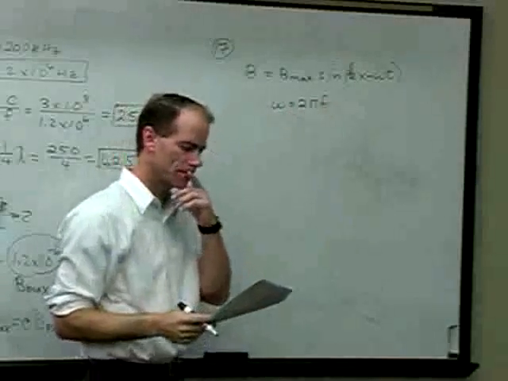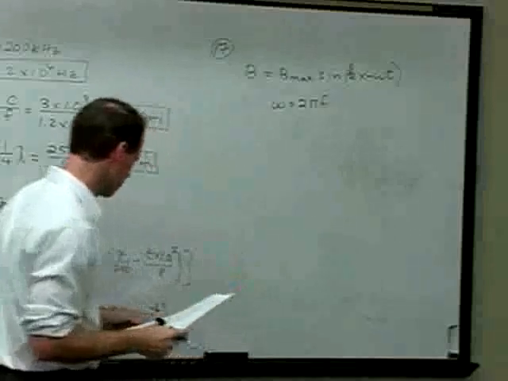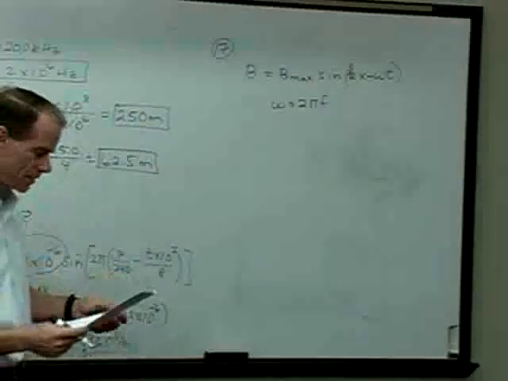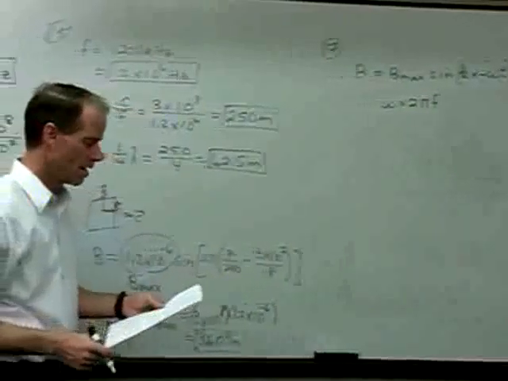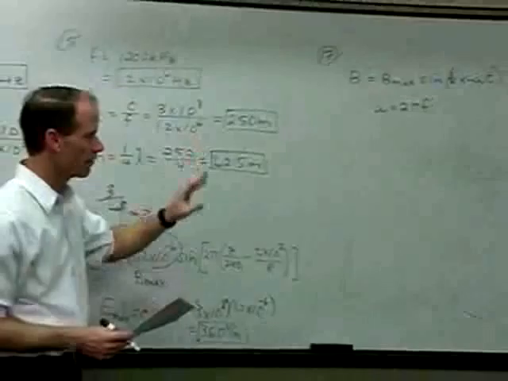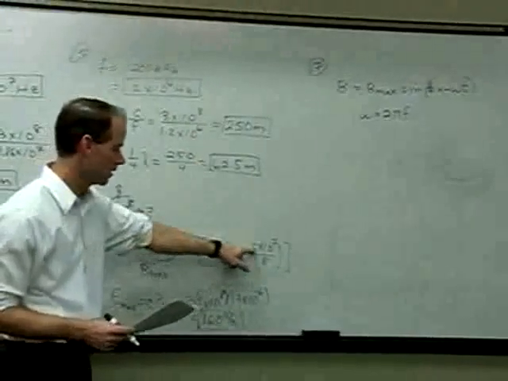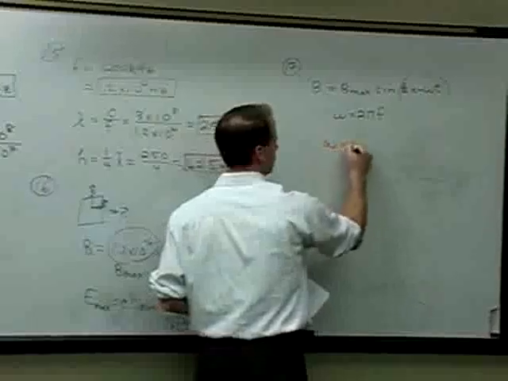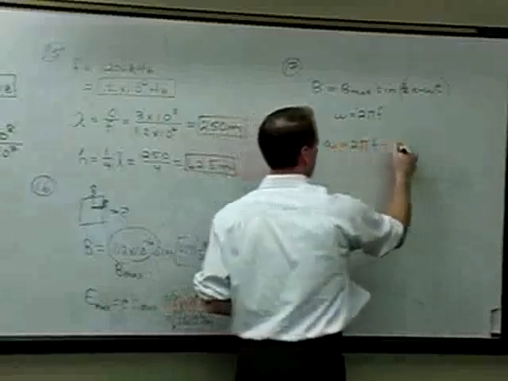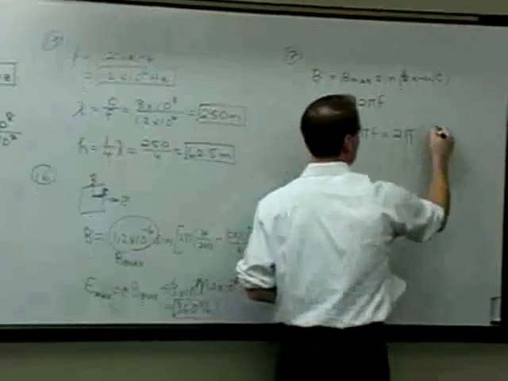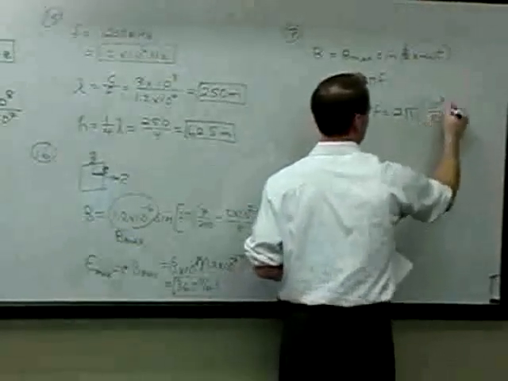So if we look at this wave function, we could identify omega as whatever's in the sine function in front of the t, and the t is right here. So our omega, which is 2 pi f, is equal to 2 pi times 10 to the 7 over 8.